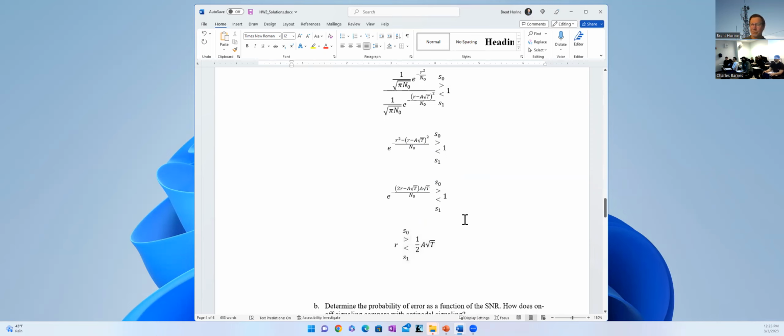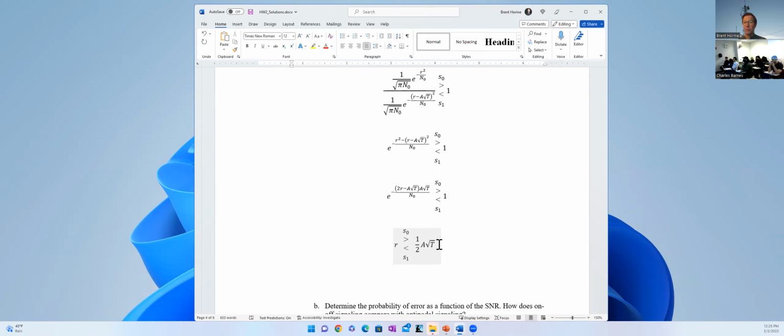Now, you can do all this by inspection. Once you know that S1's value is A times the square root of T in the vector form, and the other constellation point is 0, and they're equiprobable, then you draw the connecting line between them. That's just going to lay on the x-axis.